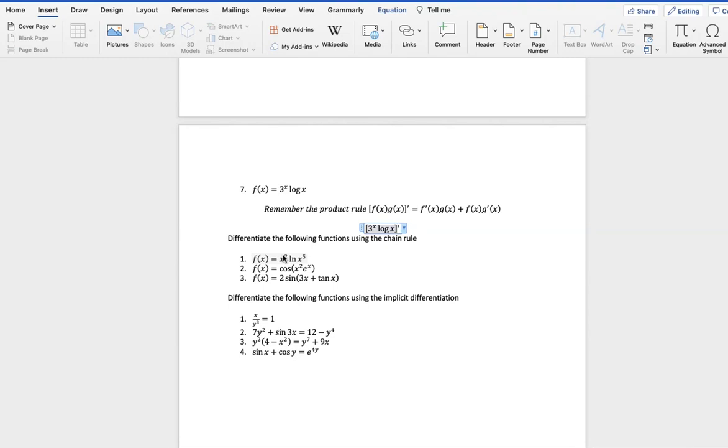Let me write that down. 3 to the x, ln 3, multiplied times log x, plus 1 over x ln 10, times 3 to the x. That's the answer you got.